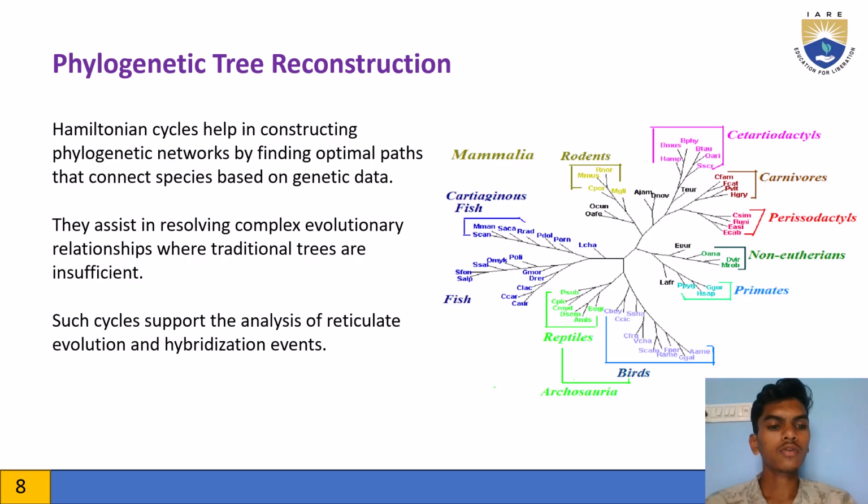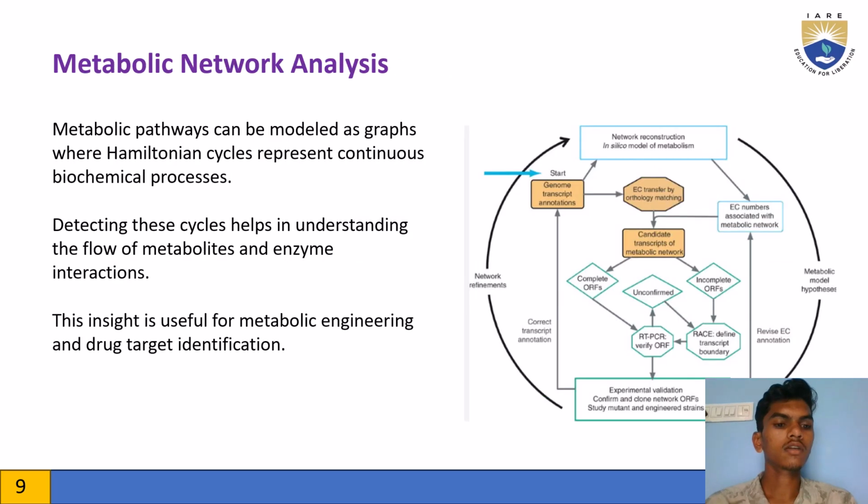And moving forward to our next slide, which is metabolic network analysis. Metabolic pathways can be modeled as graphs where cycles represent continuous biochemical processes. Detecting these cycles helps in understanding the flow of metabolites and enzyme interactions.